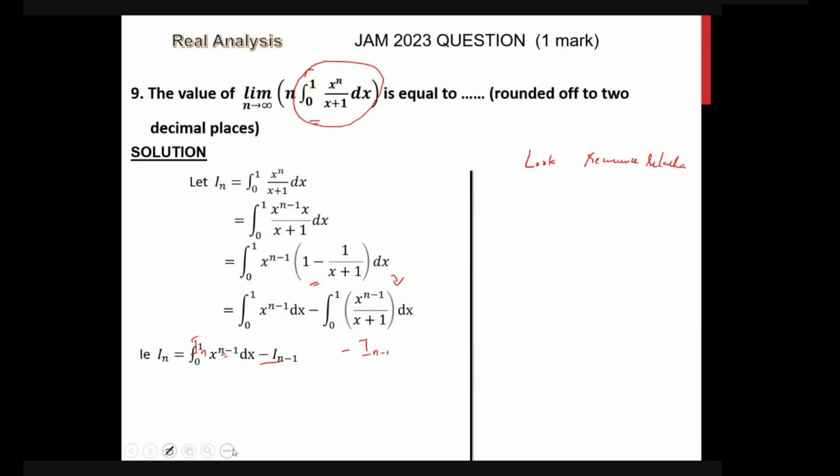So now I_n plus I_{n minus 1} equal to integral 0 to 1 of x raised to n minus 1 dx.